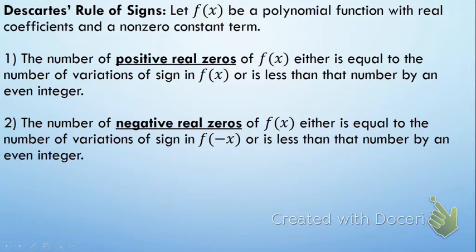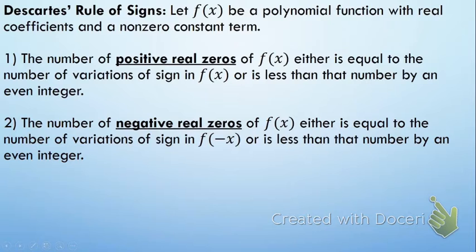All right. So the first part of Descartes' rule of signs, and we'll practice this in just a minute, says that I can determine how many positive real zeros there are by counting the number of times the sign changes in f of x. So if it goes from being a positive number and then, say, minus 4x, that's a sign change.